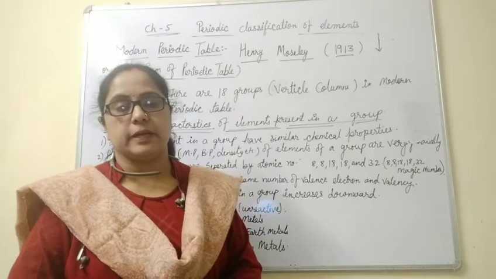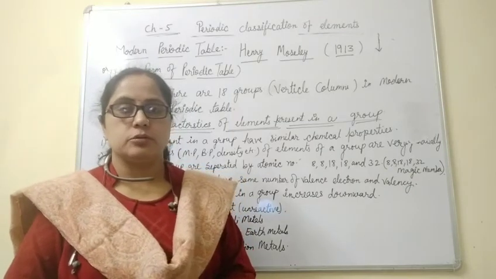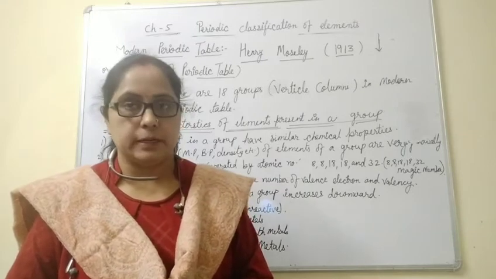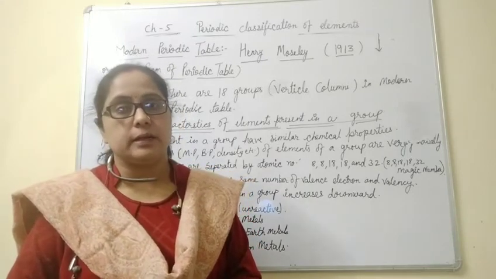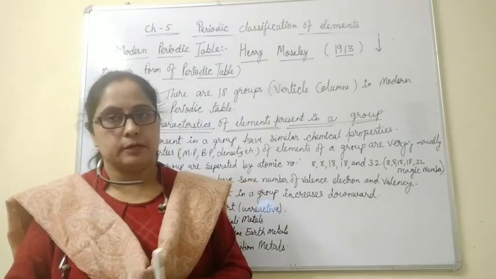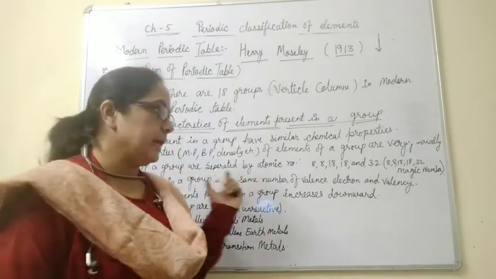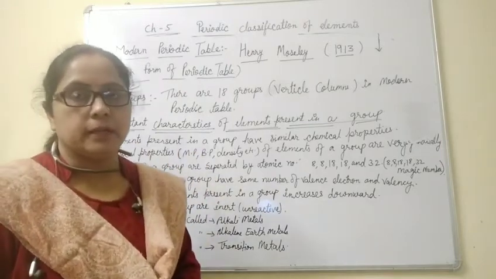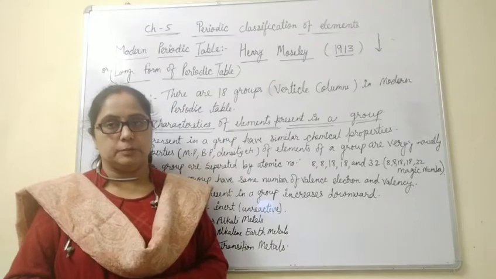Now we will discuss a few characteristics of groups. As I told you, there are 18 groups, and these 18 groups are independent groups. They are not subdivided like in the Mendeleev periodic table. The second characteristic is that all the elements present in a group have similar chemical properties.